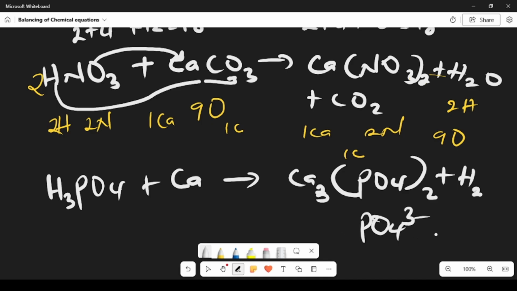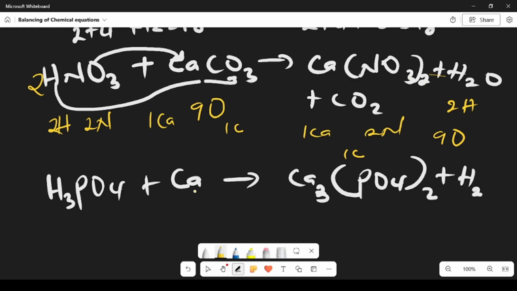And you have calcium to be 2 plus. So this 2 is coming from calcium and this 3 is coming from PO4. Understood? Nothing difficult here at all. It's all about listening very well and following what I'm doing.